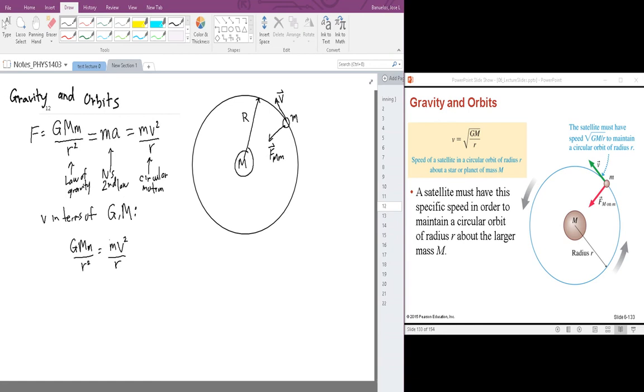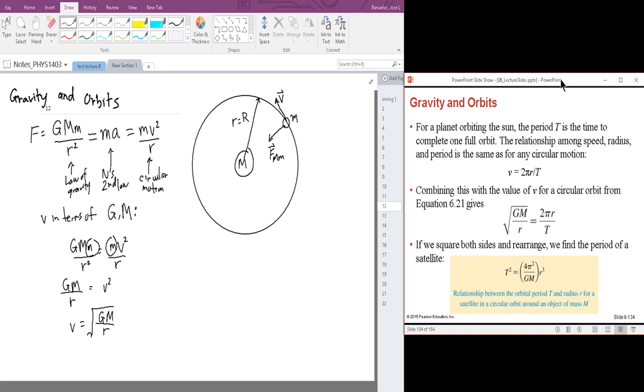You can see the little masses cancel out, and one of the r's cancels with the other r, so we get v squared equal to GM over r. Then if you take the square root of both sides, you get v equal to the square root of big G times big M over r. In this case, I'm not making a distinction between little r and big R. In the drawing for this particular case, little r and big R are the same thing.